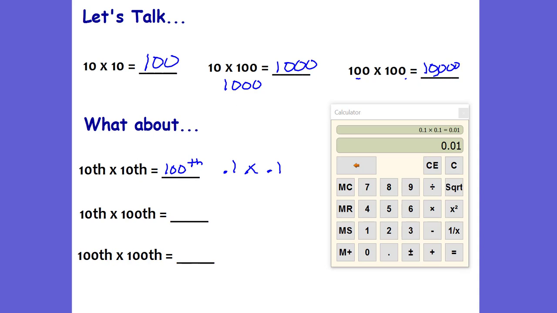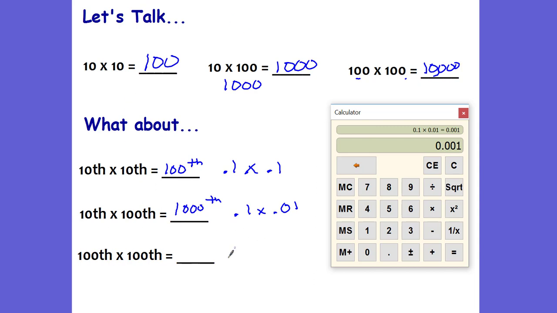So then what is a tenth times 100th? Well, that's going to be 1,000th. That is a tenth times 100th. So using our calculator, we have 1/10 times 100th, and that is to the thousandths place, 1,000th.